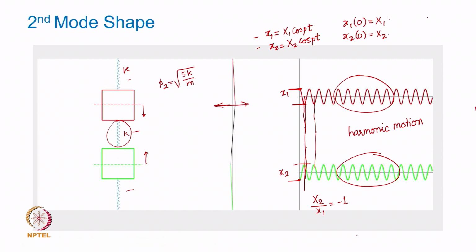Now, this x1 and x2 for the first mode shape to occur is x2 over x1 equal to 1. Now, because we are showing you the second mode shape, I will write that x2 upon x1 is equal to minus 1, which means that if x1 is equal to 1 unit, what is x2? Minus 1. Okay.